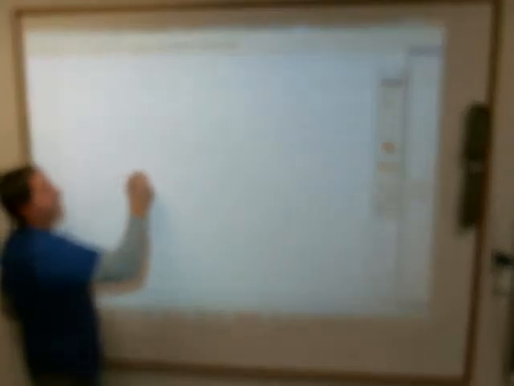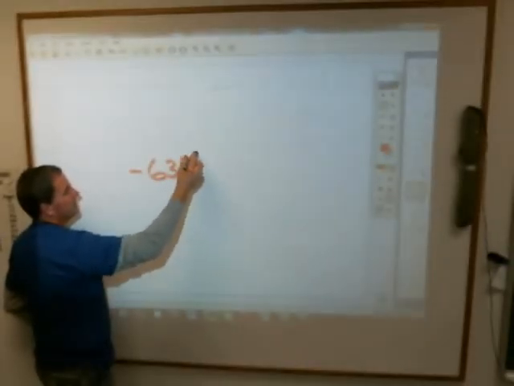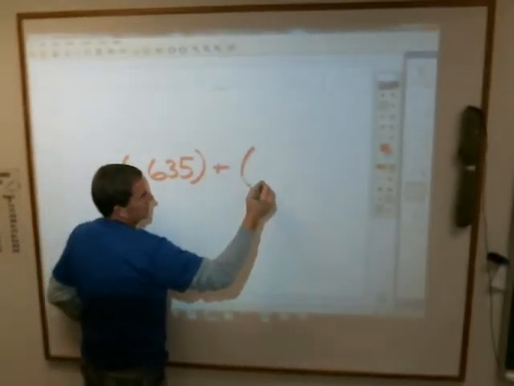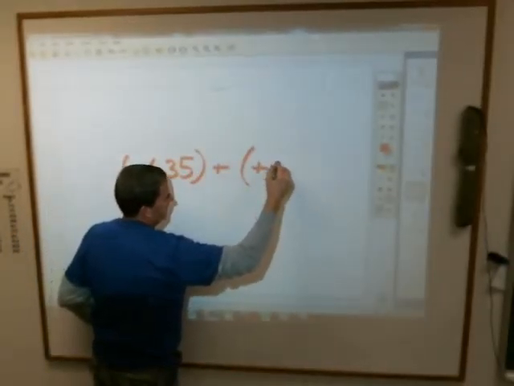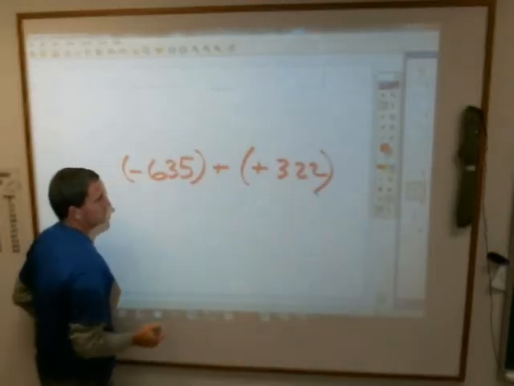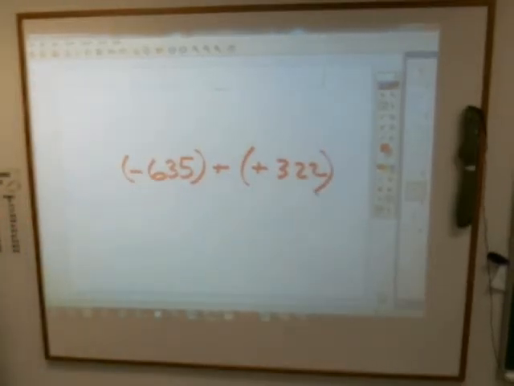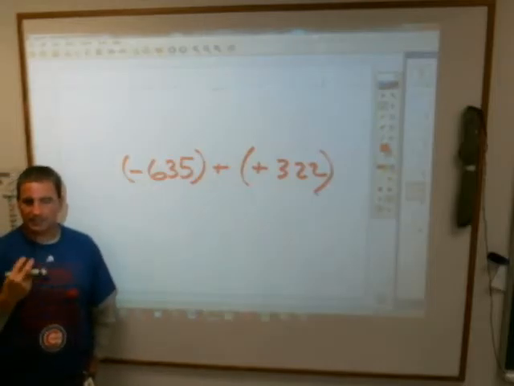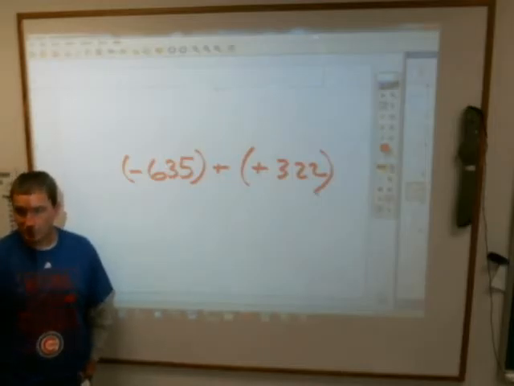What if I have negative 635 plus positive 322? Those are opposite signs. When they're opposite signs that I'm adding together, ultimately I'm going to do what? I need to subtract those 2 numbers because I have to find out the difference in them.